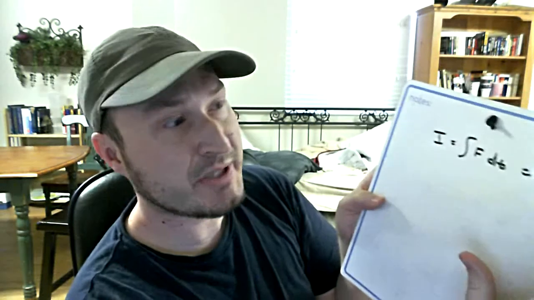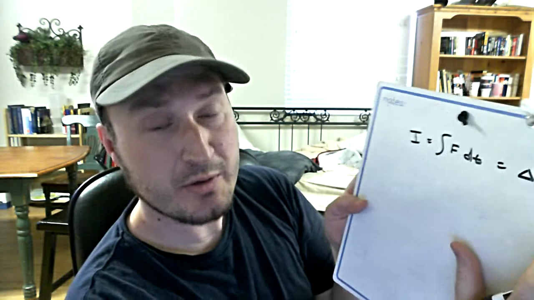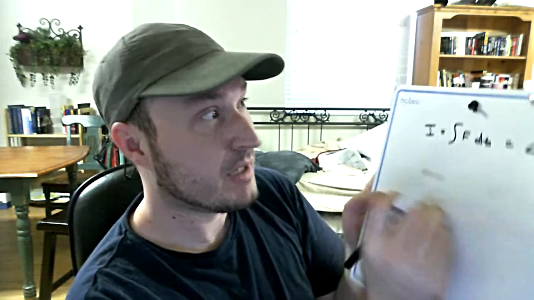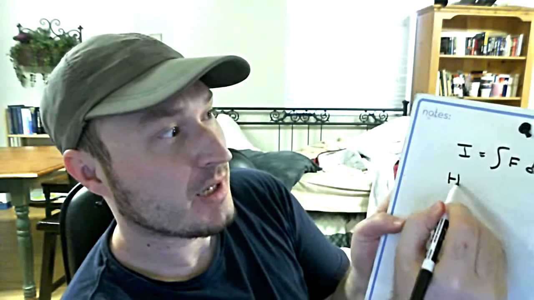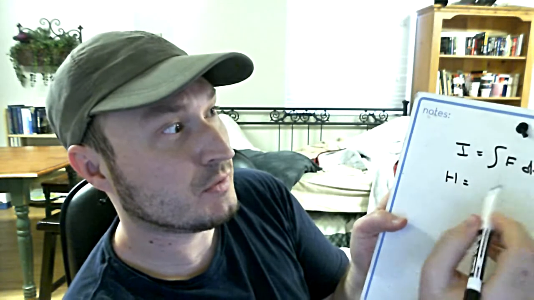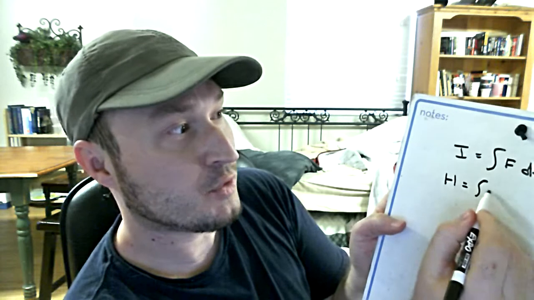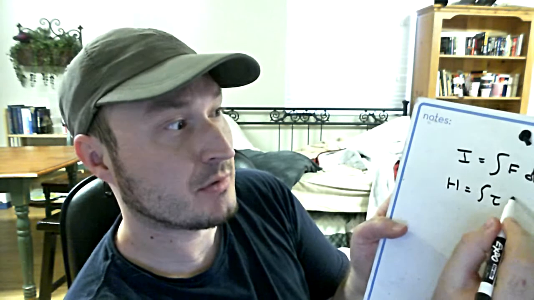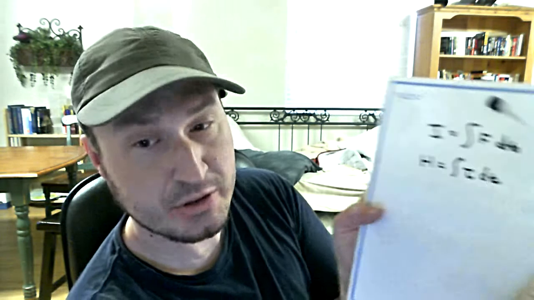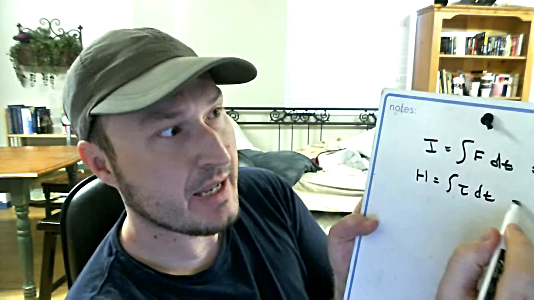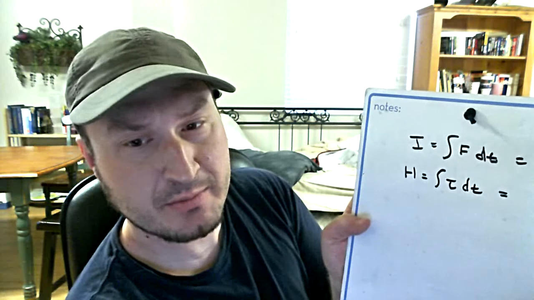We're going to be using the rotational equivalent, though, of course, that they give us. So rather than I, they're calling this H, and we are saying that we are going to integrate a torque over time in the rotational analog to this. And I don't know what I would say for momentum if I'm using P here.